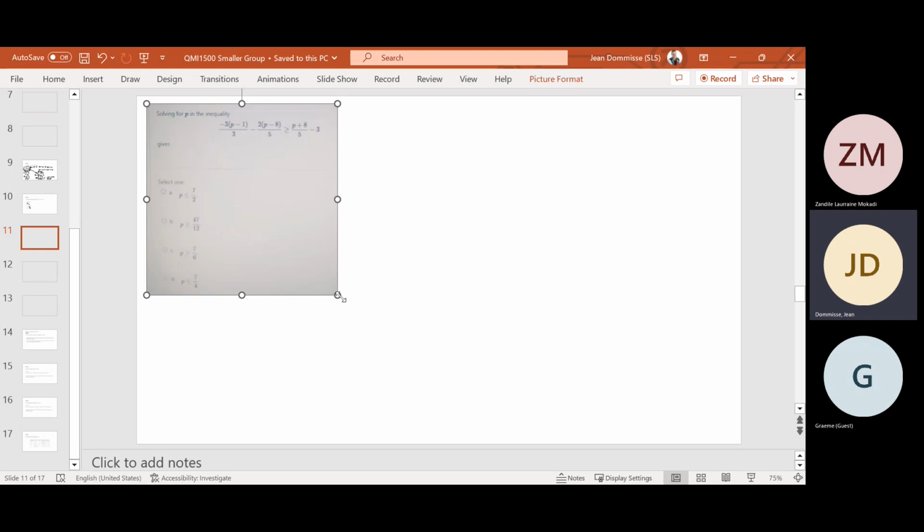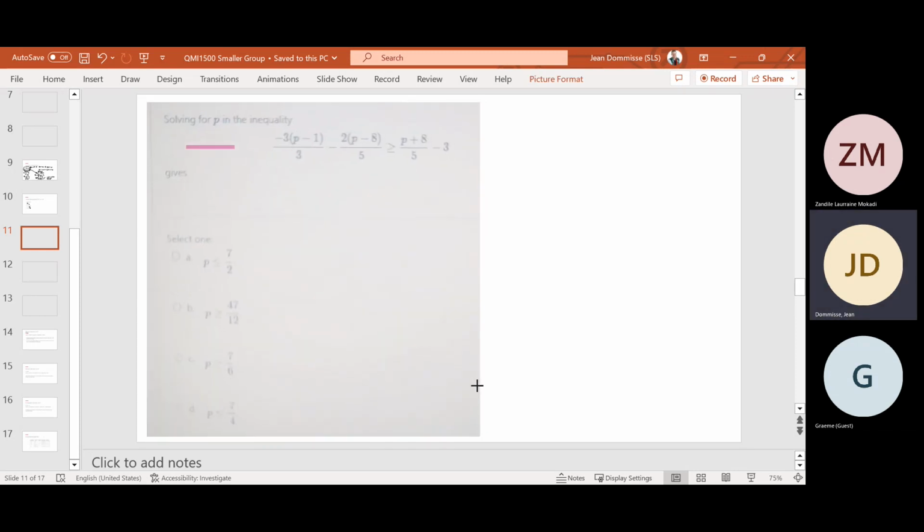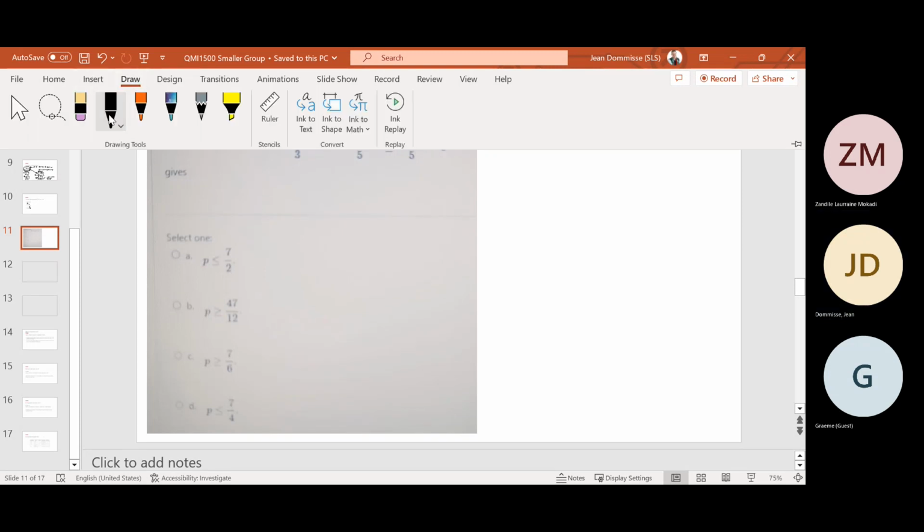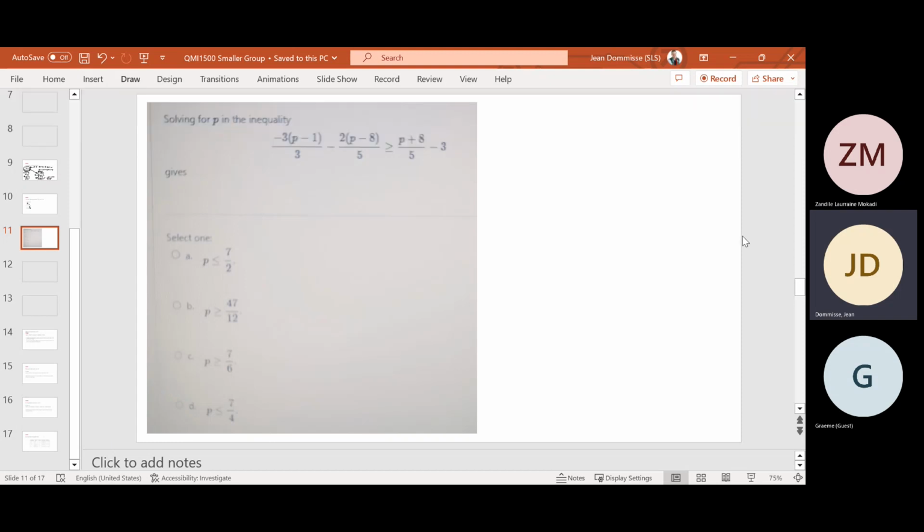Let's just see if I can make it even bigger. Okay, so they give us the set of inequations, or inequalities, and everything is in fractions. So there's a 3, there's a 5, there's a 5.